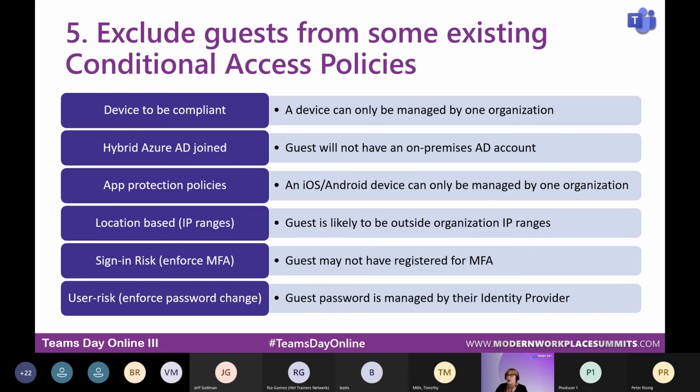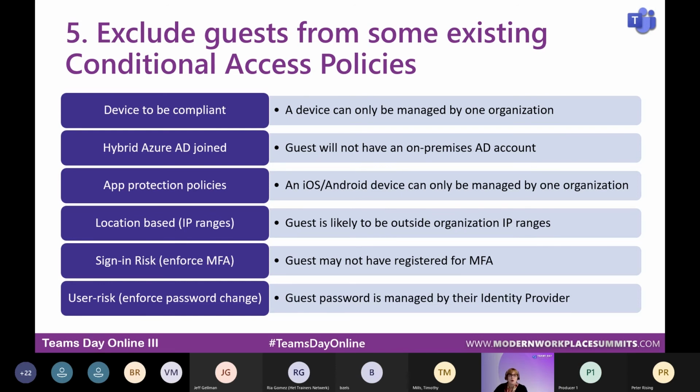So the ones that you're going to need to look at are things like device needs to be compliant, hybrid Azure AD joined, app protection policies, because a mobile phone device can only be managed by one organization. If you're controlling by location, so I only want you to access Teams in these particular locations, again, guests are not likely to be there.